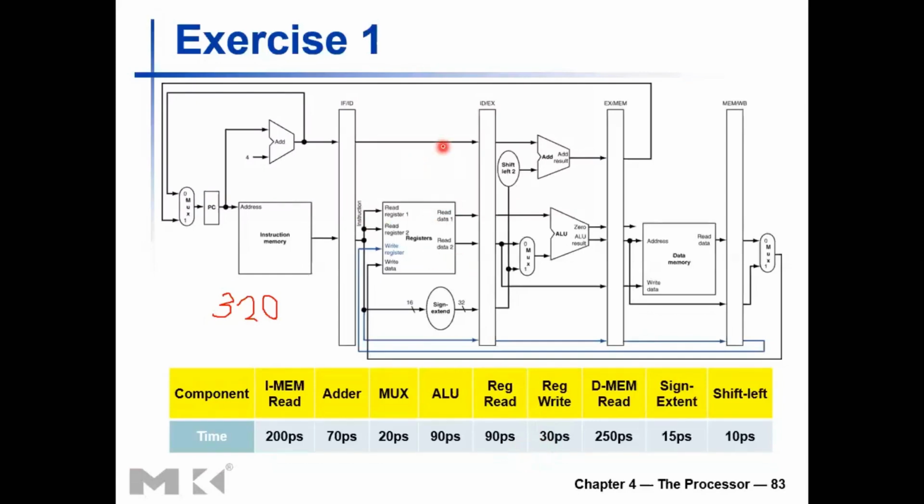Afterwards, you need to figure out the largest delay in that section. Can you quickly tell me what is the number for the ID stage?